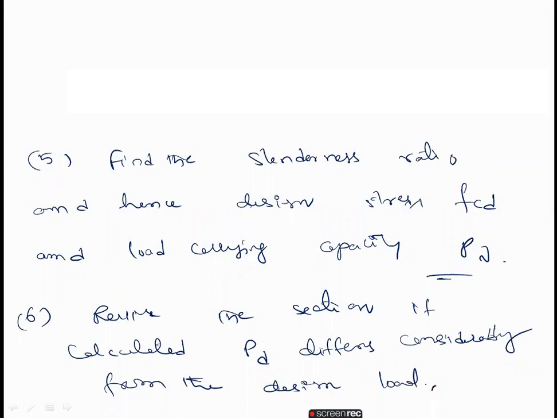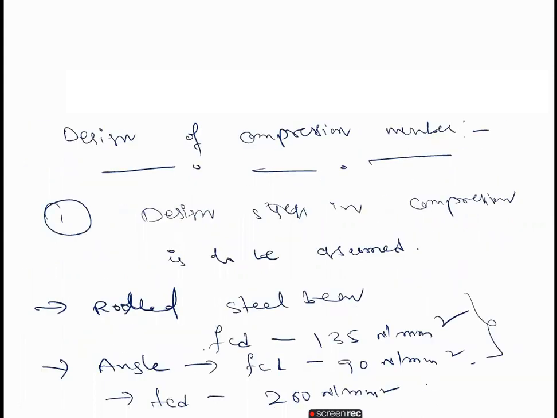So my dear students, these are the 6 steps. In the sixth step, if it is not satisfied, again we have to revise the section. First, design the compression member by assuming the design stress value: for rolled steel beams it is 135, for angle struts it is 90, and for large loads you will take 200 Newton per mm square.